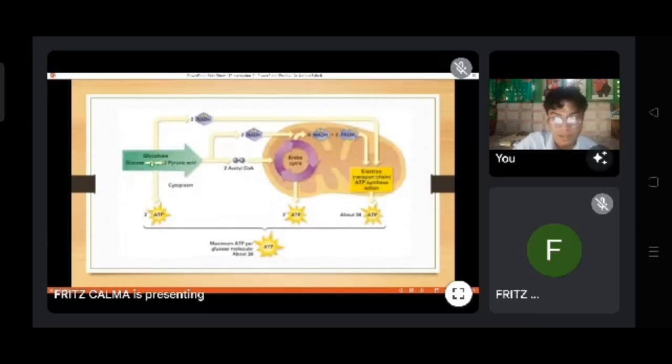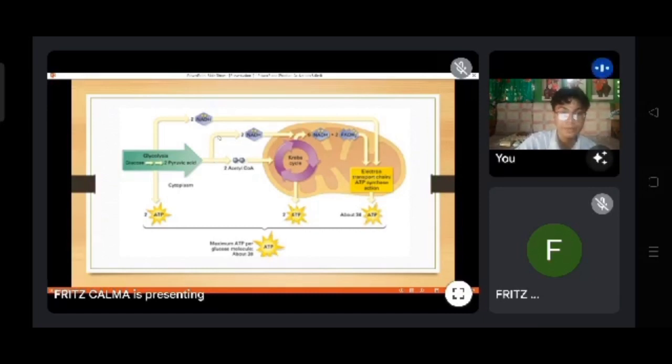So, from glucose, glycolysis to pyruvic acid, nag-produce po ng 2 ATP and 2 NADH. Then, from 2 NADH, dadiretso na siya kay electron transport chain or the ATP synthase action, which produces ATP. So, from there, nag-produce po siya ng 2 acetyl-CoA, and dumiretso po kay Krebs cycle, in which Krebs cycle produces also 2 ATP.